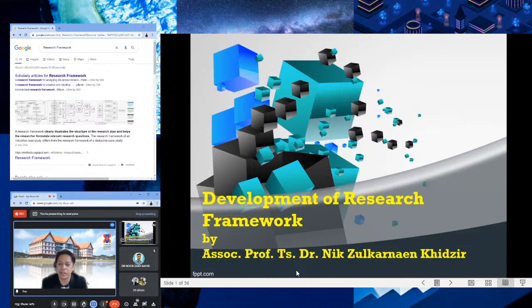It doesn't matter whether it is action research or fundamental research, but as long as we are involved with a research, then we need to understand how to develop, and wonder how the research community or scholars around the world are using and preparing or developing the research framework.